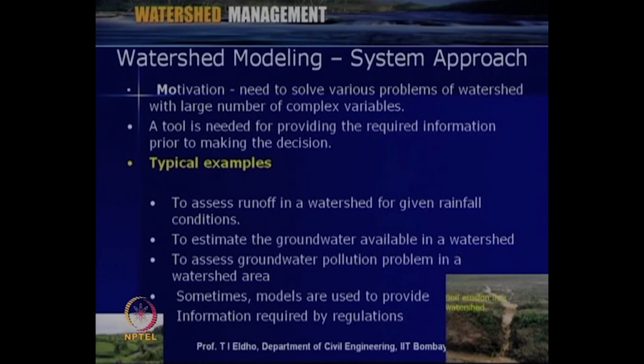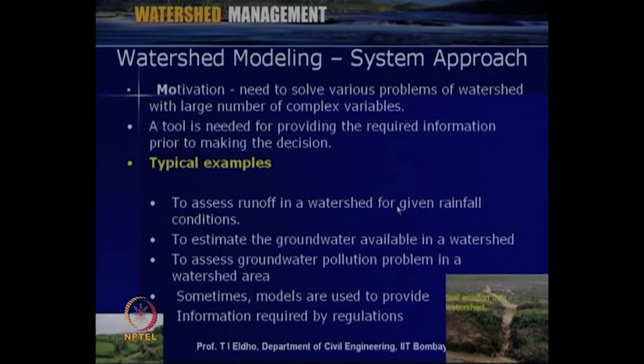So, we will discuss generalized steps as far as modeling is concerned before going to the specifics of watershed modeling. The main motivation for modeling is the need to solve various problems for a watershed with a large number of complex variables.